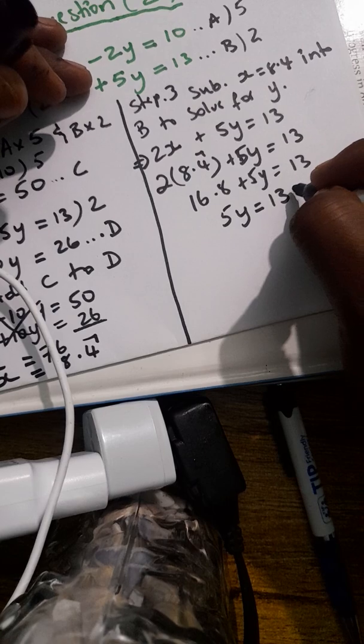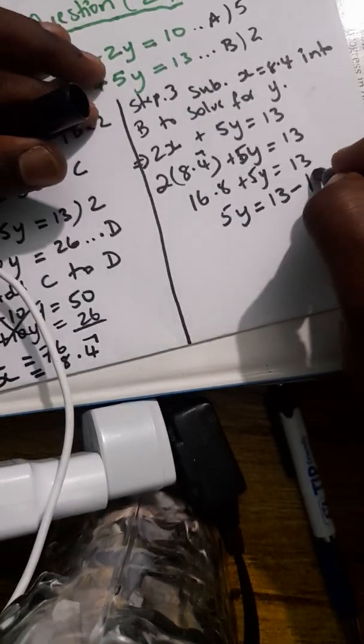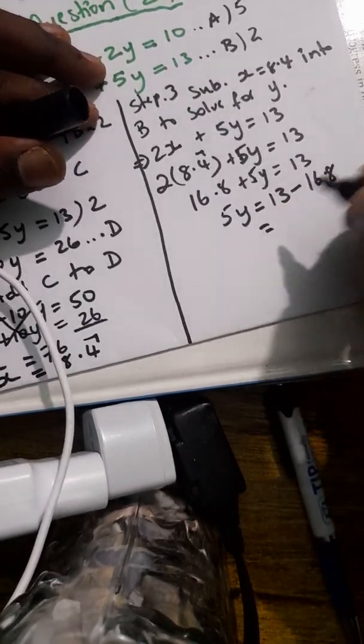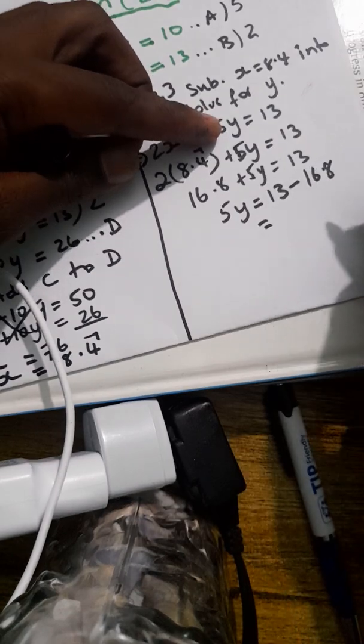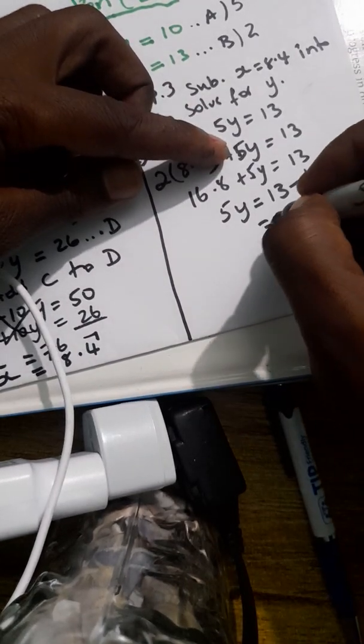So 5y would be what? 5y equals 13 minus 16.8. Remember when we are adding integers, we did that before. Once there are two different signs, we keep the sign of the bigger number, which is negative.